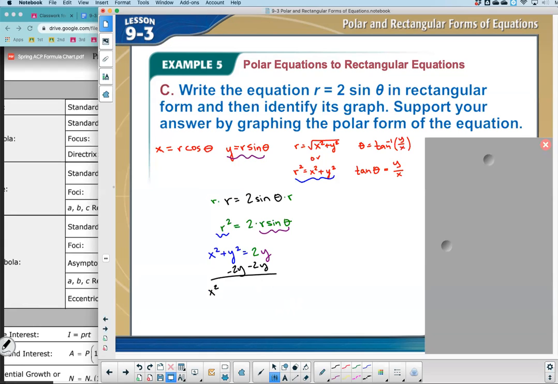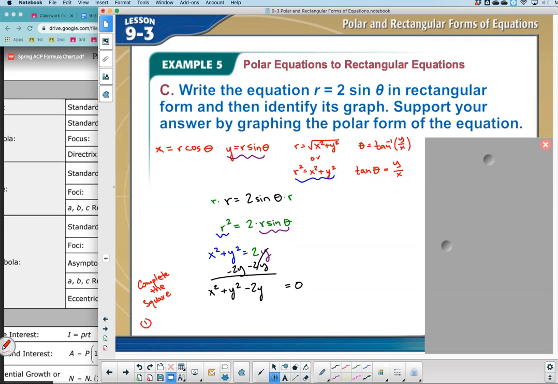So I'll have x squared plus y squared minus 2y equals 0. I'll leave a gap here. If you remember our chapter 7 coming back to us now, we need to complete the square here to get the equation in good form. Complete the square was a 4-step process, if you remember.